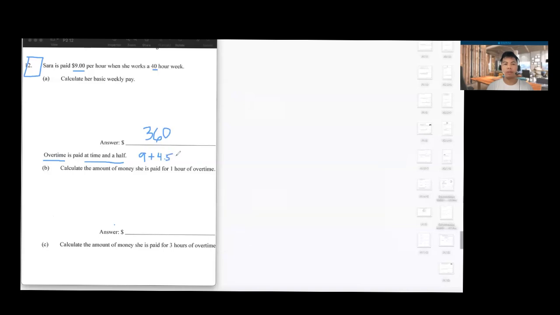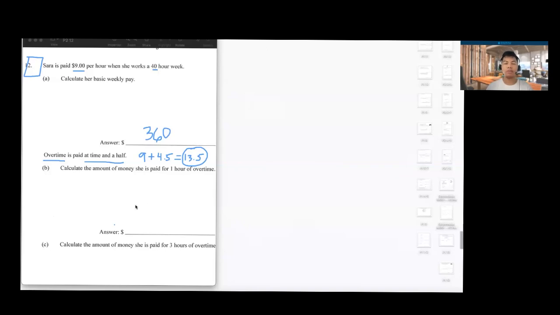So therefore, she would be getting $13.50 every time that she works overtime. Okay? Overtime starts if you work for more than 40 hours. So this is the rate now. You get that? So it has a higher rate.